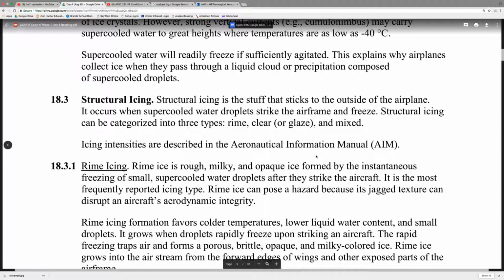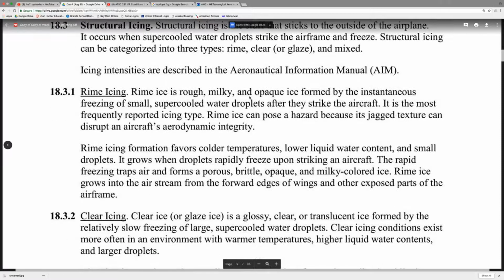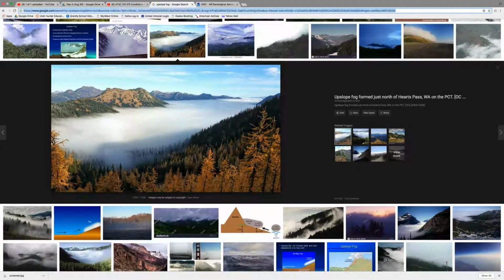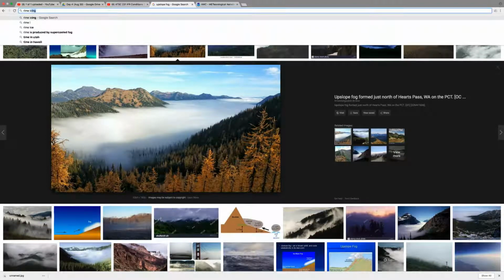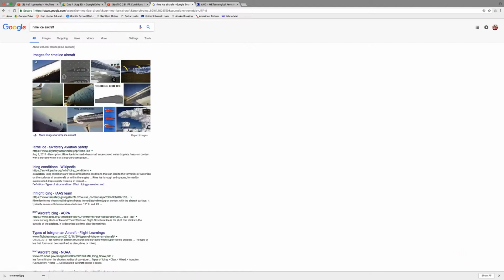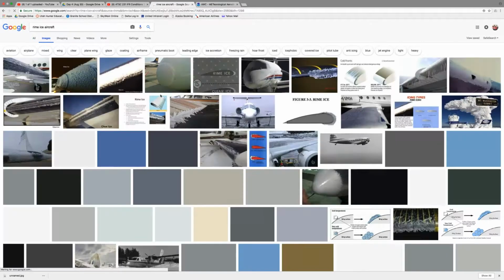These are jagged. It's grody looking on the plane. Super, super bad. So here you go.